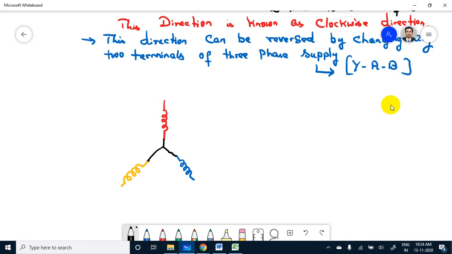It should be connected to the terminals.